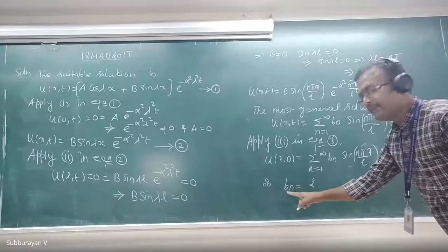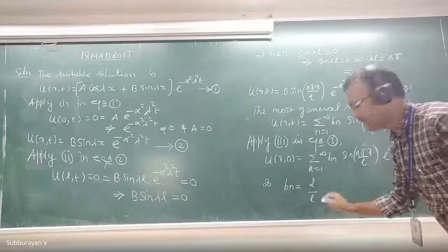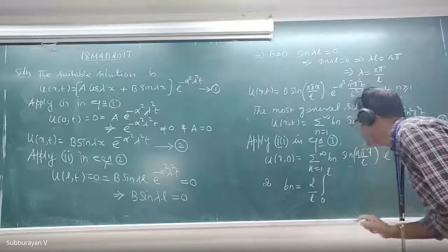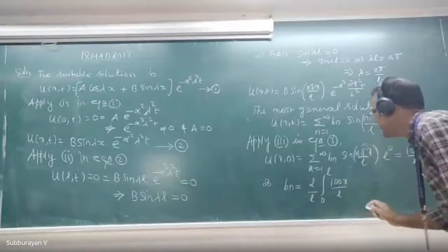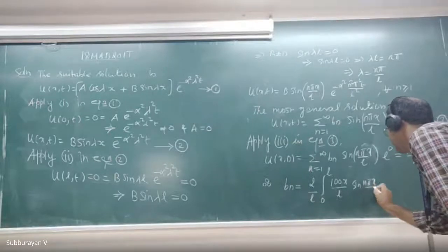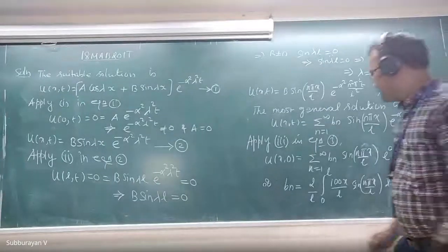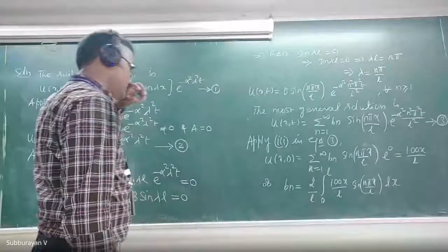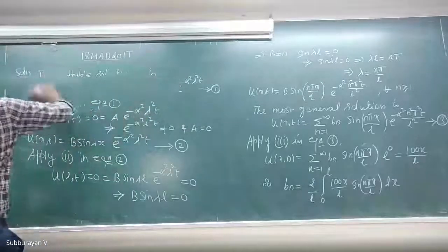Bn equal to 2 by L, integral 0 to L, 100x upon L into sin n pi x upon L into dx. Very good. This is the value of Bn.